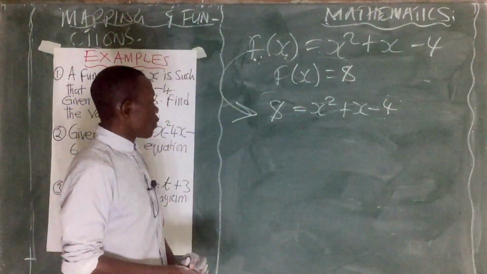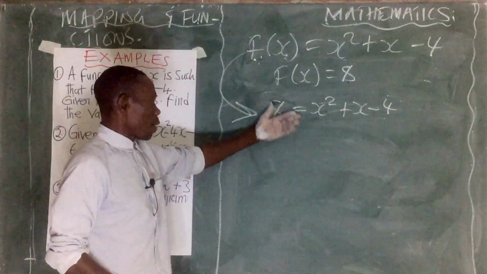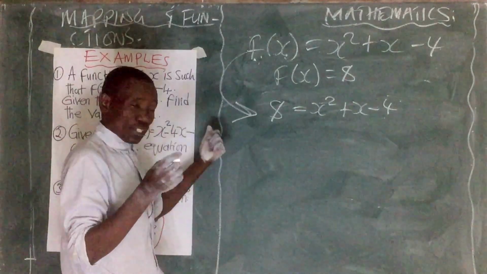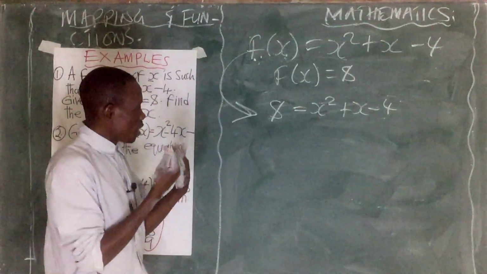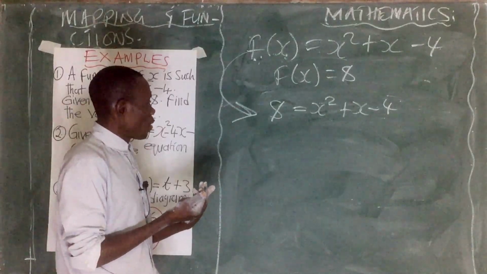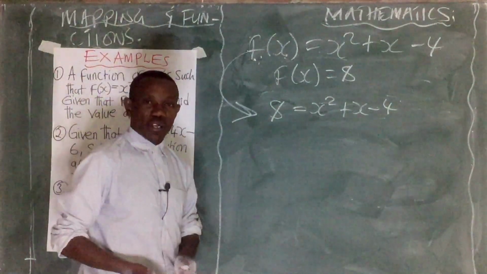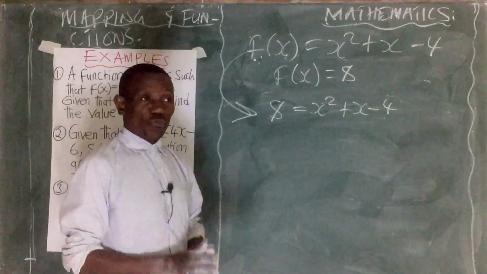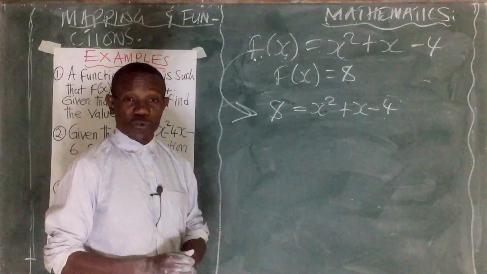Right. So now what do I do now? In here, it's just a matter of working out the value of x. So all knowledge about the equation should now come in my head. Right now, if I've been given a particular type of equation, how do we solve it? Remember, there are several types of equations, and those types of equations are solved differently. And we need to apply the principles attached to them.